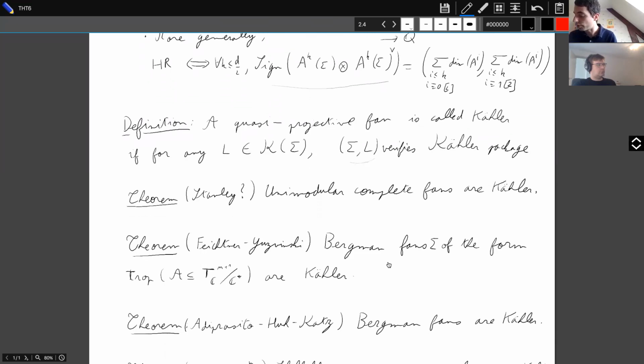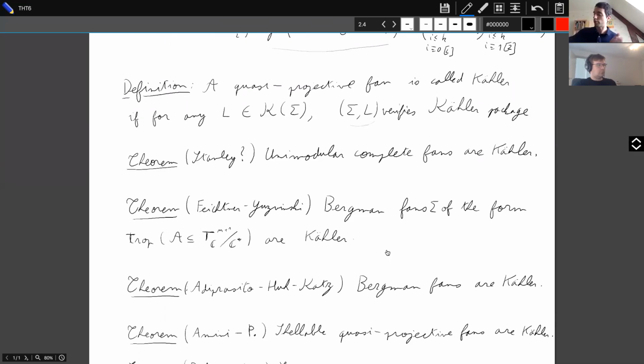And so in the story, there have been several steps to prove that some fans are scalar. So first, unimodular complete fans are scalar. I'm not sure if it's Stanley. And in fact, Stanley used this to prove the g-conjecture, but I don't know if it was known before.